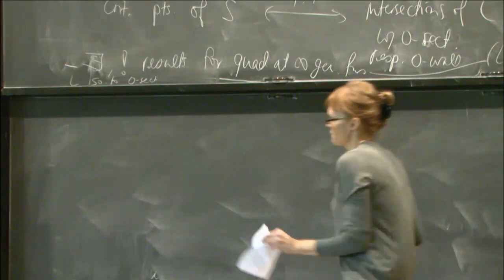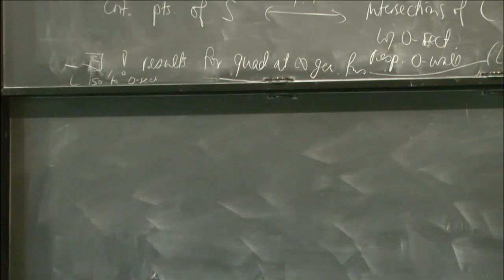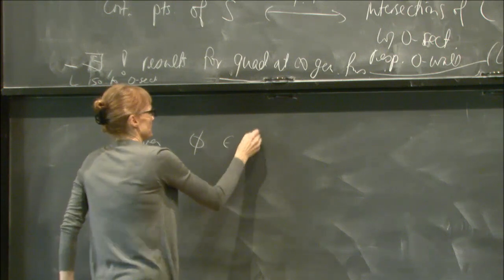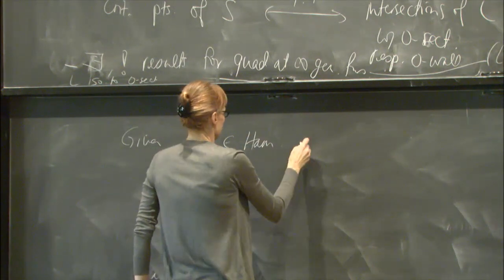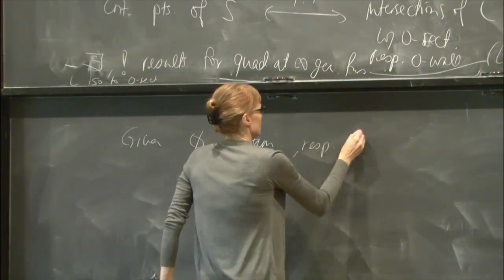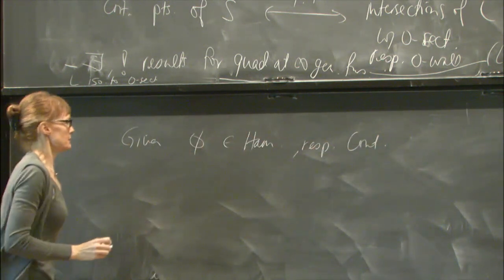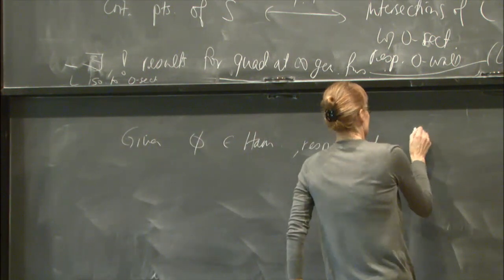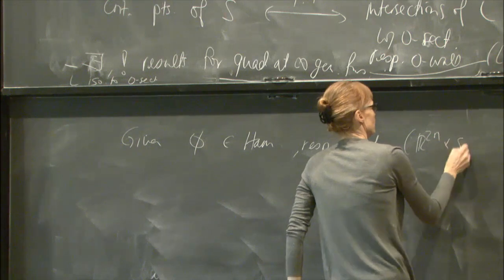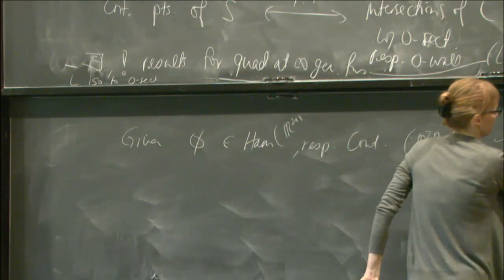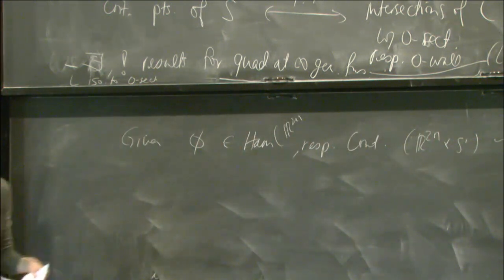I'll just comment that all this is in terms of a Lagrangian or a Legendrian. Given psi, which is either a compactly supported Hamiltonian diffeomorphism or a compactly supported contactomorphism, you can, let's say in ℝ2n × S1 or ℝ2n, cook up a particular exact Lagrangian or Legendrian.